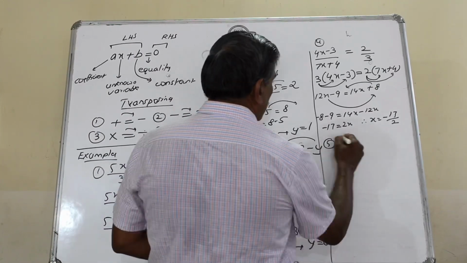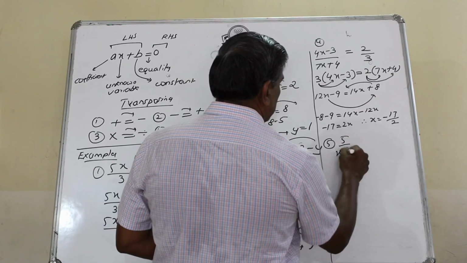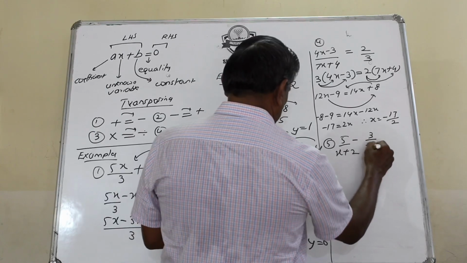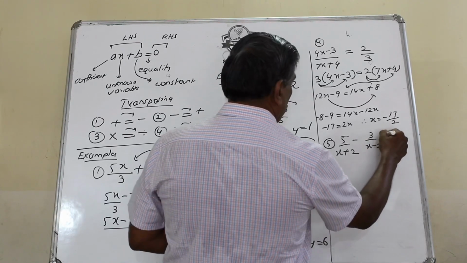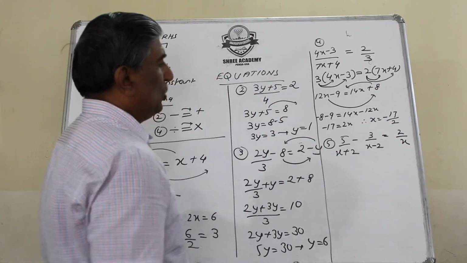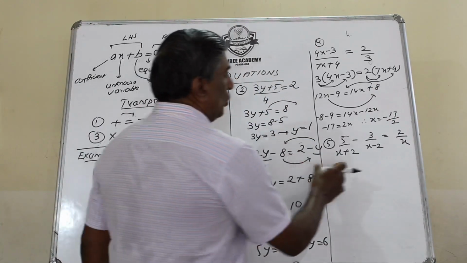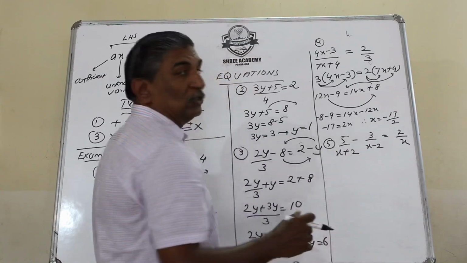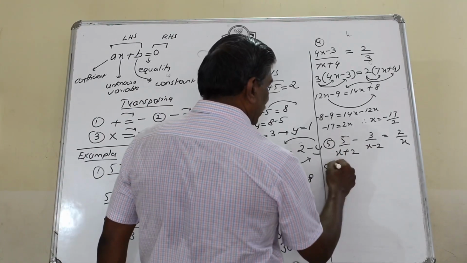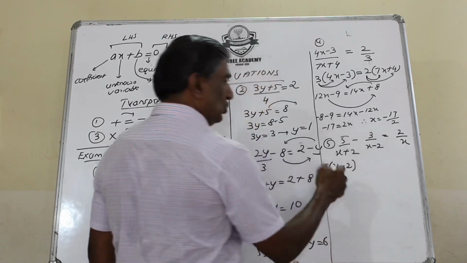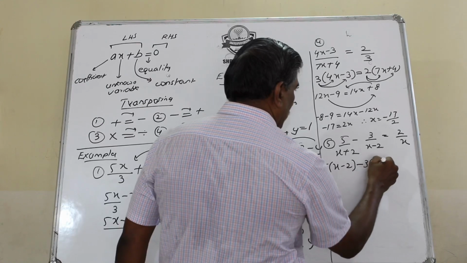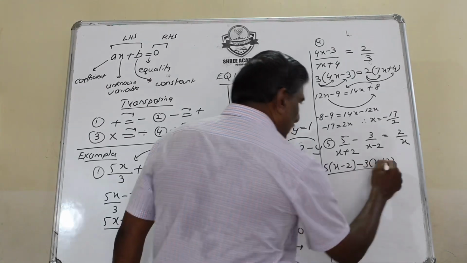It is 5 upon x plus 2 minus 3 upon x minus 2 is equal to 2 upon x. Now remember, the denominators are different, so we cross multiply here. So this becomes 5 into x minus 2 minus 3 into x plus 2, and what is the LCM?